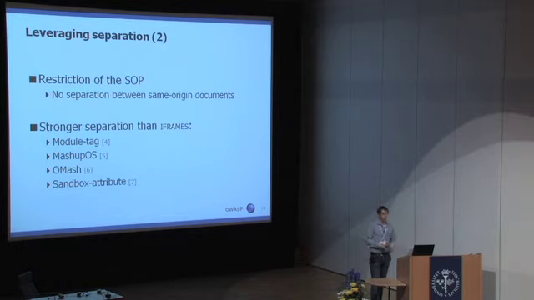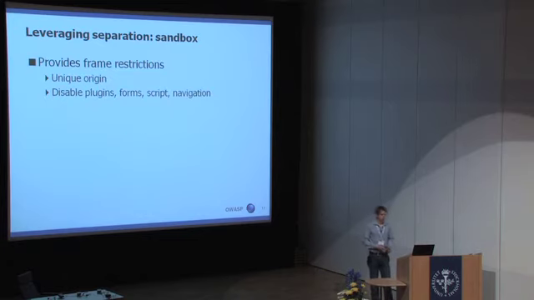But the last one, the sandbox attribute, is again a design solution built on the previous ones to achieve this strong separation. The sandbox attribute is an additional attribute to an iframe, so you can strengthen the separation offered by iframes by enforcing that an iframe has a unique origin, and this unique origin allows you to separate multiple components within the same domain.